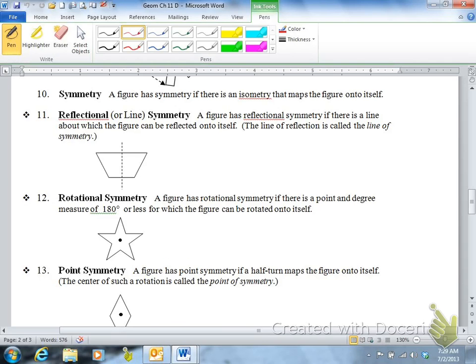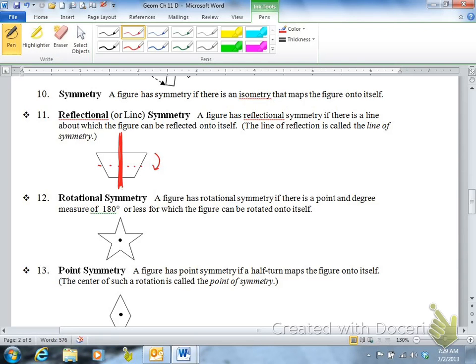Notice that if you try to find a line of symmetry horizontally like this, if you fold this down, it's not going to fold perfectly onto itself.